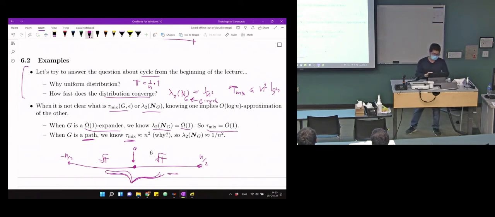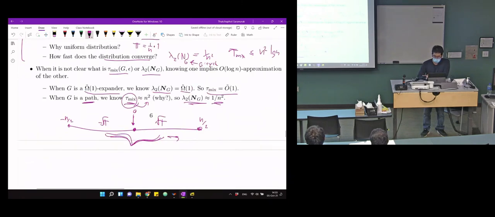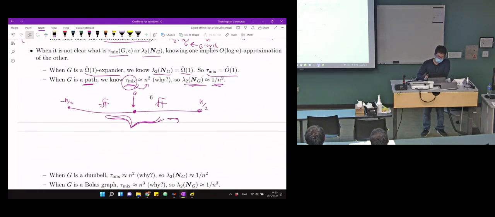So if the path is of length n, you should take at least n squared steps just to reach the endpoint. So T mix is going to be something like n squared, and lambda 2 is going to be something like 1 over n squared.